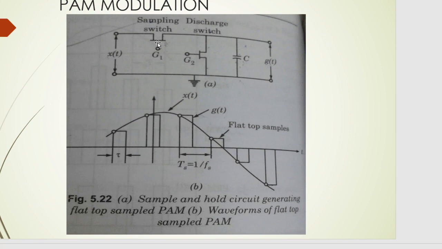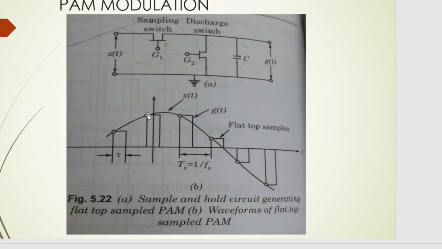So when the pulse train is on, G1 is turned on and the capacitor will charge, and when the pulse train is off, G2 is turned on and the capacitor will discharge to 0. And again, when the next pulse arrives, the same process is repeated. G1 will again charge the capacitor to that maximum amplitude. So initially the capacitor charges to this maximum amplitude, thereafter it discharges.